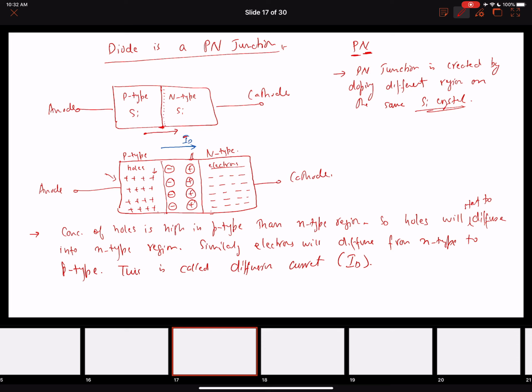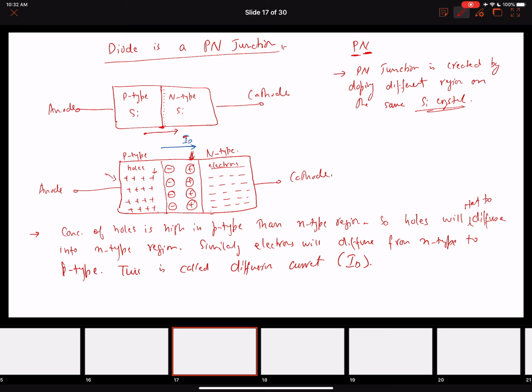These are the free electrons. And when these holes, these positive charge carriers, recombine with these electrons, they will again neutralize. But as they get neutralized, we have these leftover holes near the junction, and that is why near this vicinity we have our positive charge carriers left.